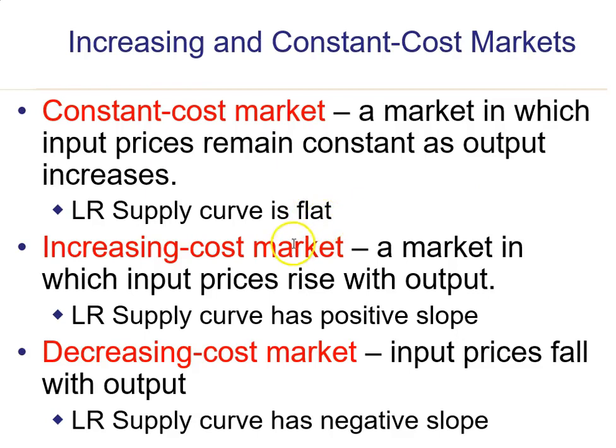What if we had, instead of a constant cost market structure, an increasing cost market structure? What is this? This is, as you expand your output in this market, the input prices rise. So you want to produce more tomatoes, let's say. You call up more tomato workers and they're like, oh, I'm busy today, I'm picking cucumbers.